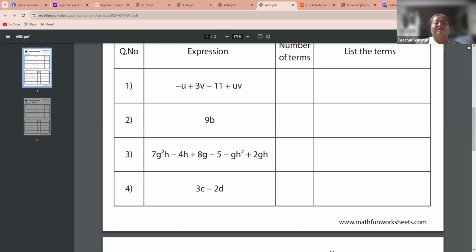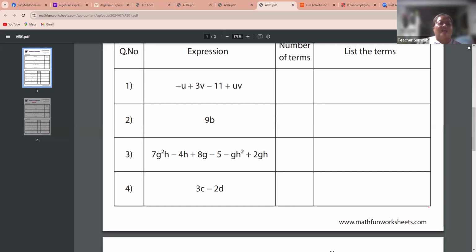Can you answer it now, since you already know how to answer question number 1? I mean the first type of activity. I know you know how to answer the number of terms. The next problem is, what are the terms? You need to list all the terms that you can see.